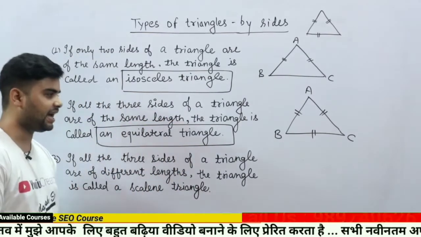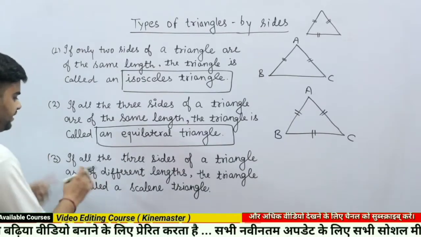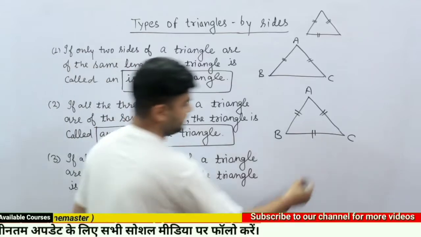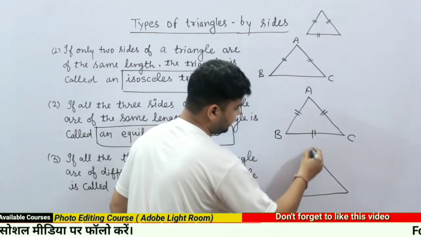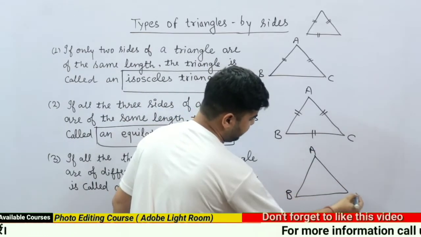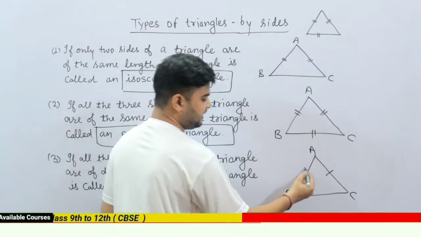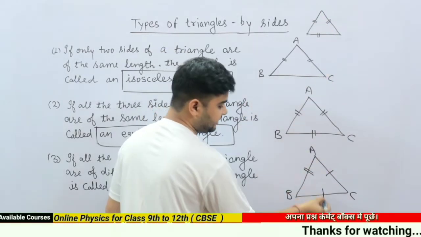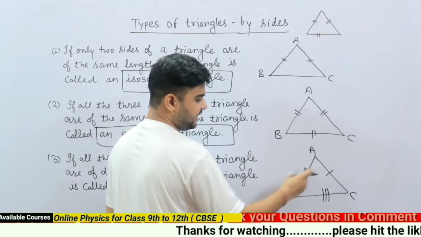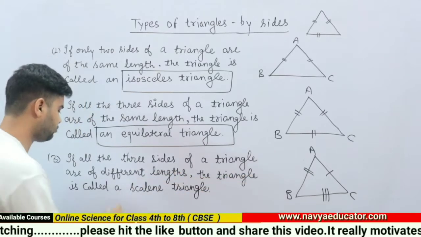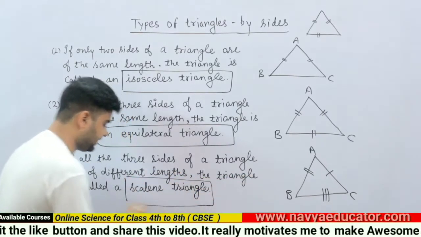And now the last type of triangle, if all the sides are of different length. It means in this triangle ABC, this side has a different length, this has a different length and this has a different length. Three sides are of different length. It means this triangle is a scalene triangle.